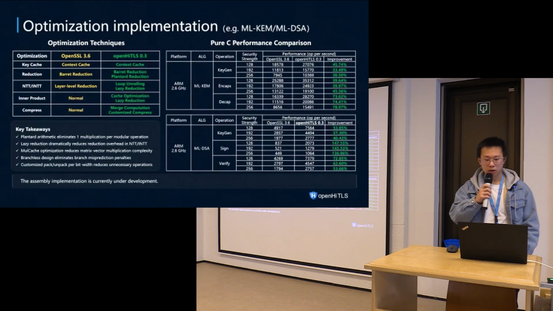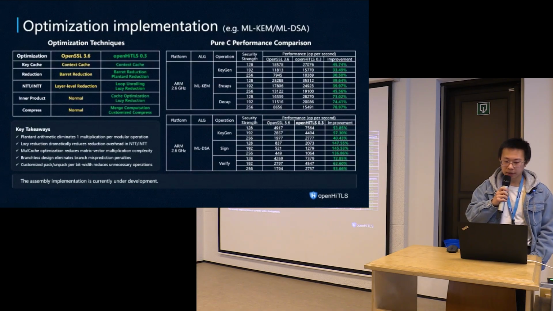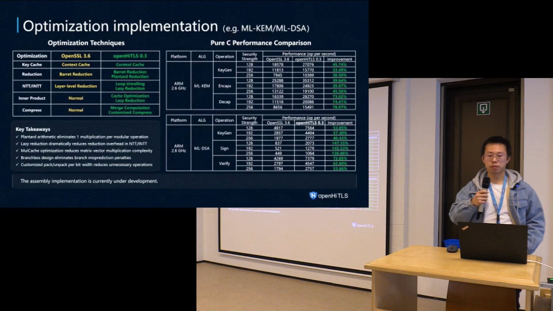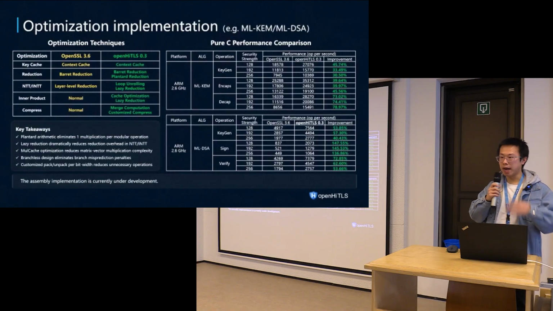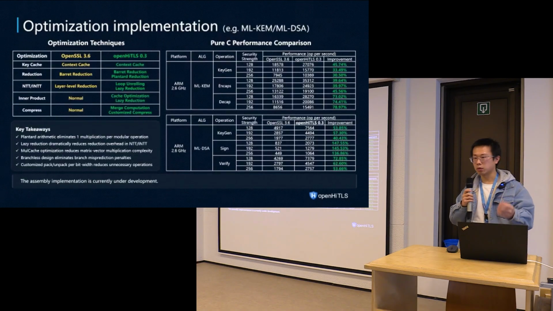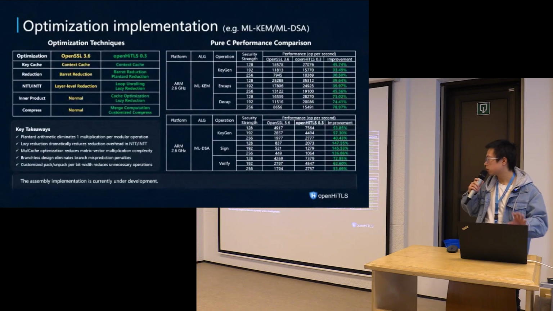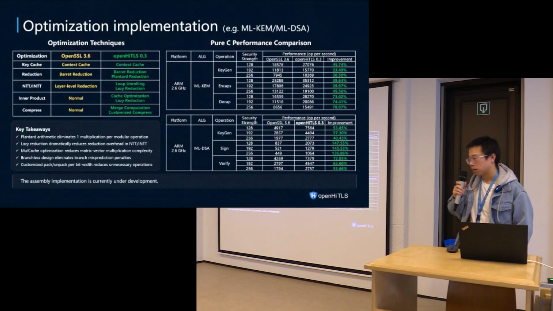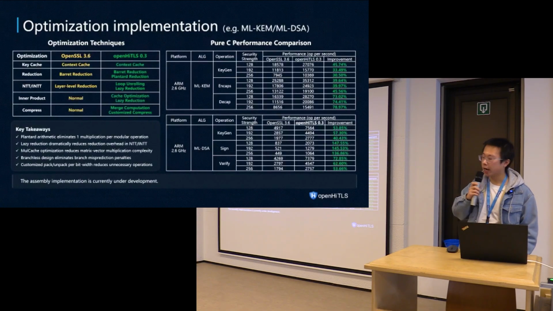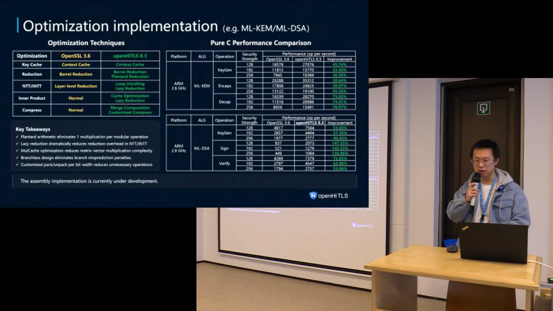Branchless design eliminates the branch misprediction penalties in the operations. And we use customized pack and unpack per bitwise to reduce unnecessary operations. So these takeaways achieve the improvements that make OpenHiTLS better than OpenSSL.